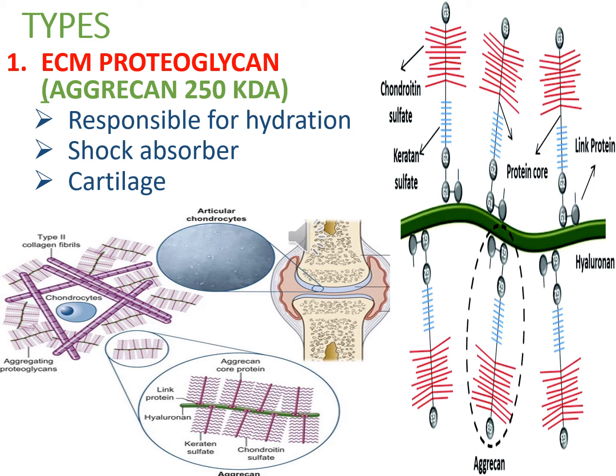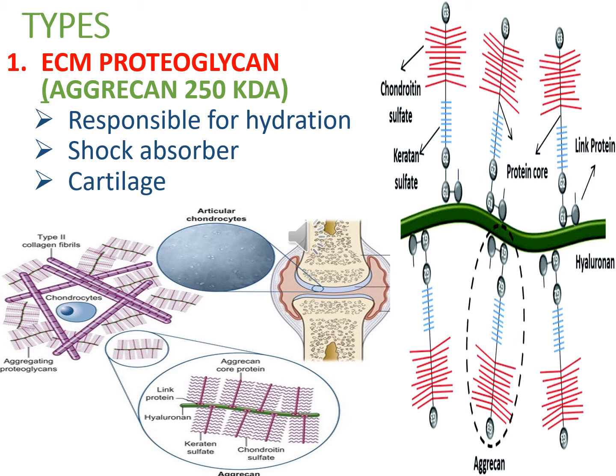The weight of aggrecan is 250 kilodaltons. They are basically found in the cartilage. The major cartilage constituent is the proteoglycan aggrecan, one of the best known proteoglycans. It is very large, with a core protein bearing many chondroitin sulfate and keratan sulfate chains.